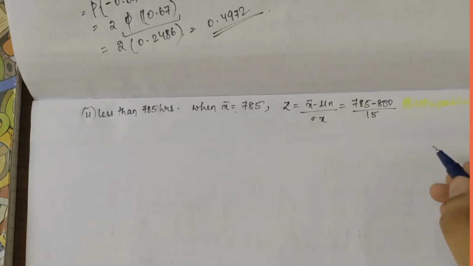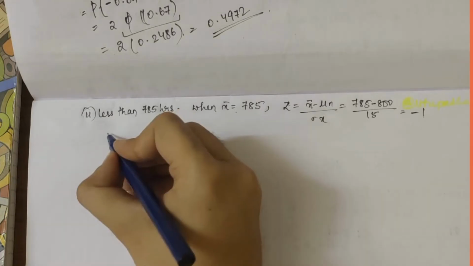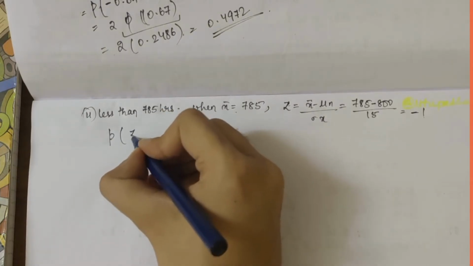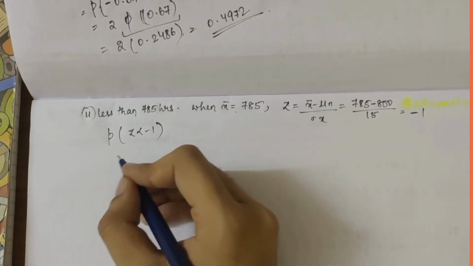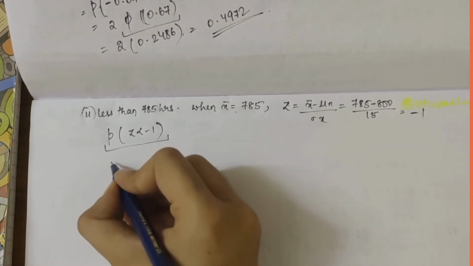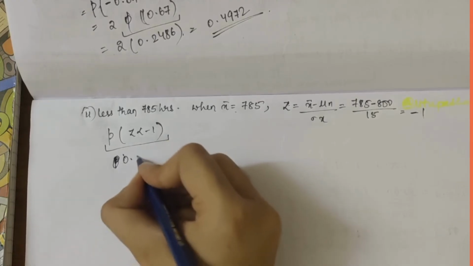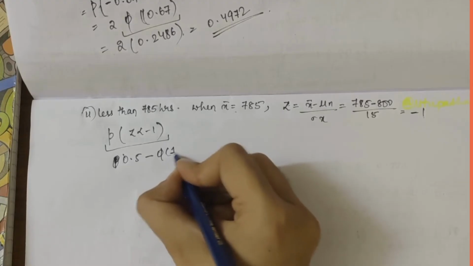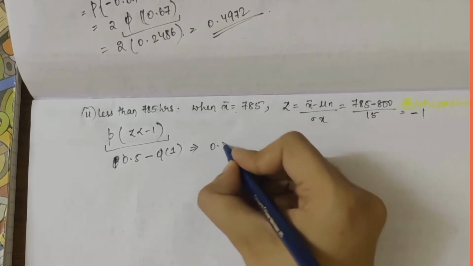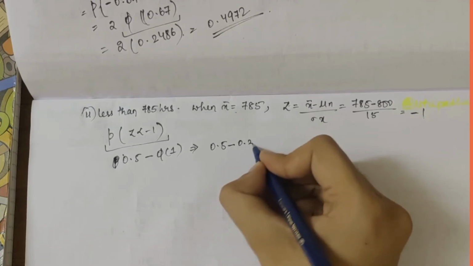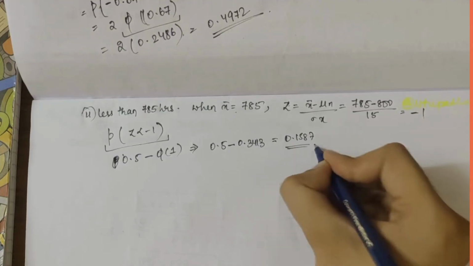If you solve this, you get the value as minus 1. So P of z less than minus 1, because it's less than, right? Whenever it is of this form, you can write it as 0.5 minus phi of 1. Phi of 1 you can find by calculator or using the table. 0.5 minus 0.3413, you get 0.1587.